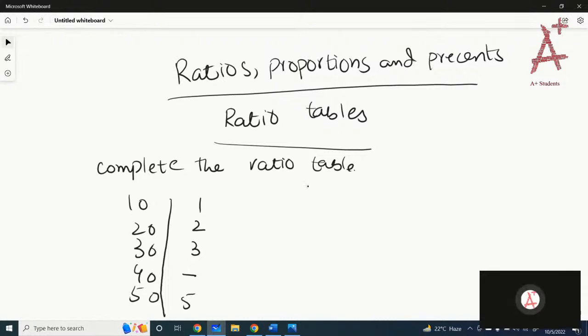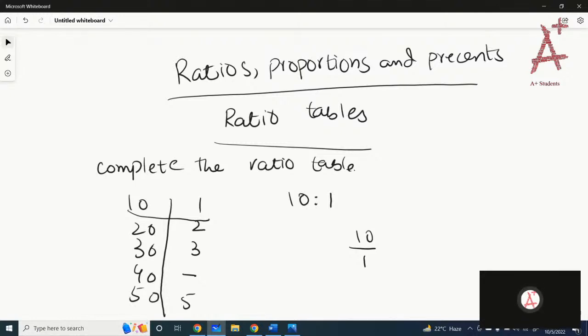Start with the very first one, that is 10. Let's suppose you have 10 ratio 1. Write the ratio as a fraction. So it would be 10 by 1. Multiply the numerator and denominator by the same number to find an equivalent ratio.